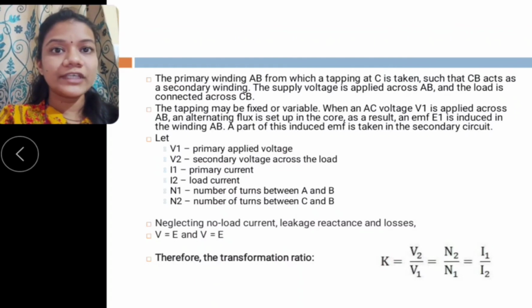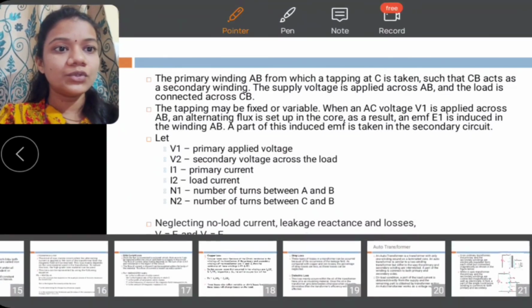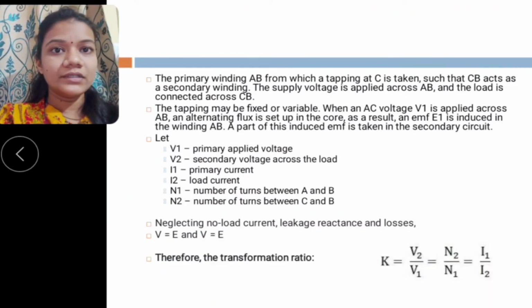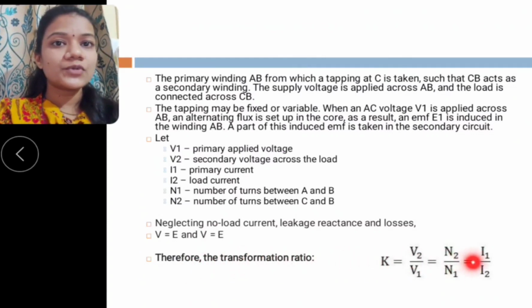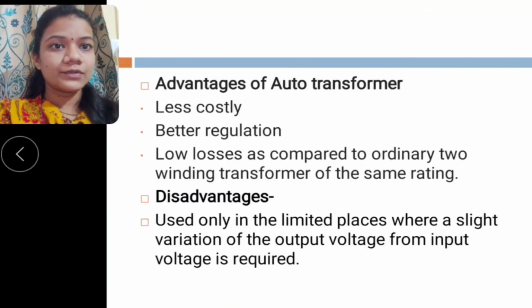Therefore we can write the transformation ratio: V2 upon V1 is equal to N2 upon N1 is equal to I1 upon I2. So this is your transformation ratio in the case of an auto transformer.